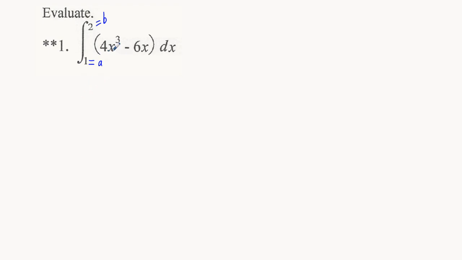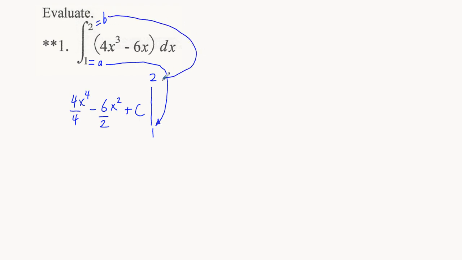So the integral of 4x cubed is going to be 4x to the 4th power, and we divide by the power that we raised to, minus 6x squared divided by 2, and then we also have our constant of integration c. Normally you don't see it this way, but there's a method to this, and we're going to evaluate between the limits of a to b, which we rewrite as 1 to 2. So we've just put this a value here and this b value here in place of the 2.